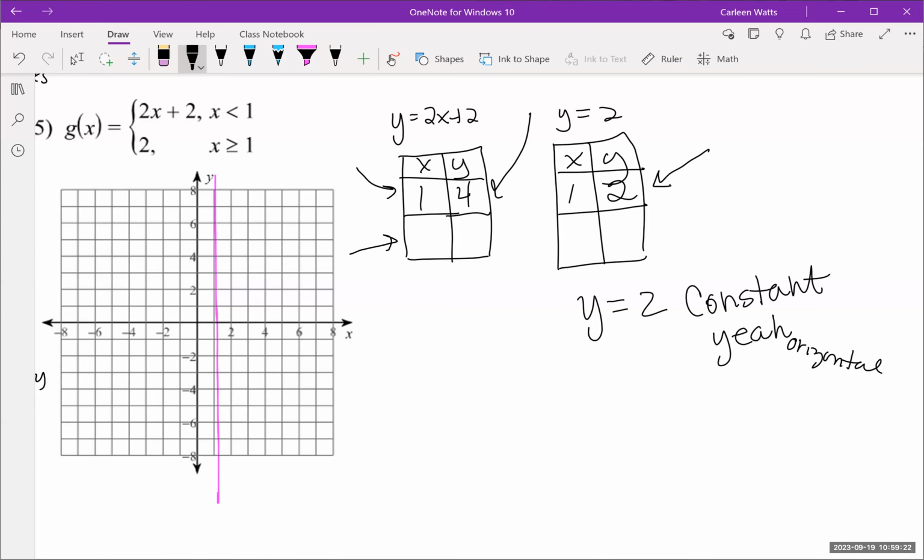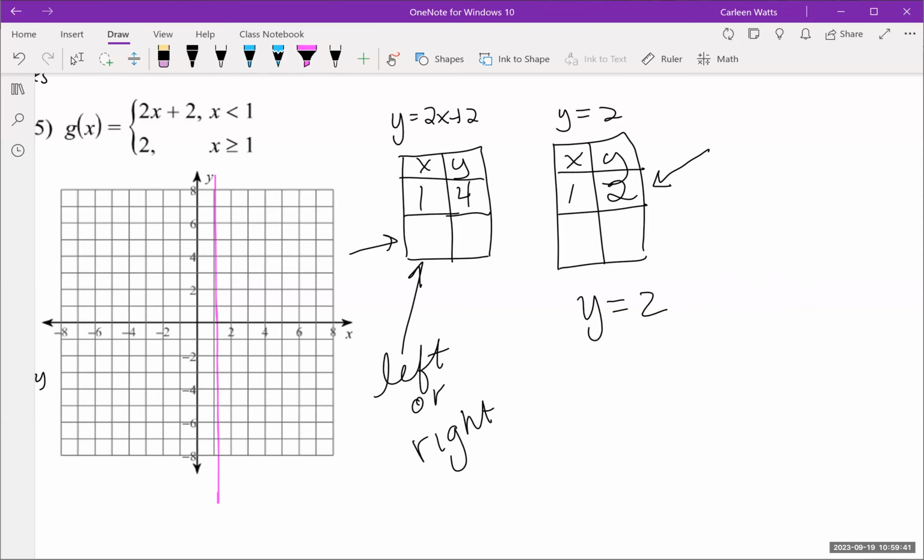Okay, I need my next X value. So do I want this X value to be to the left of 1 or to the right of 1? Okay, we have a vote. We have another vote and they agree. Can we see that this one is left?